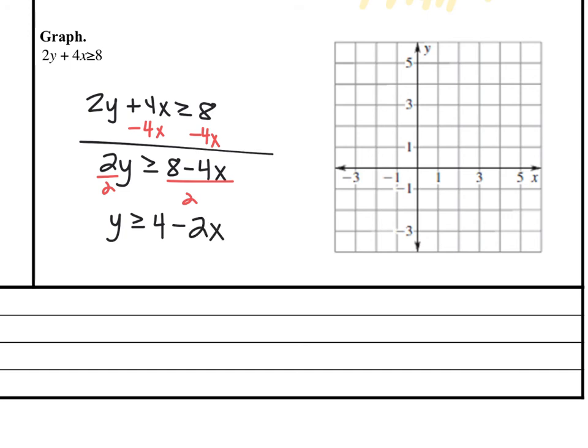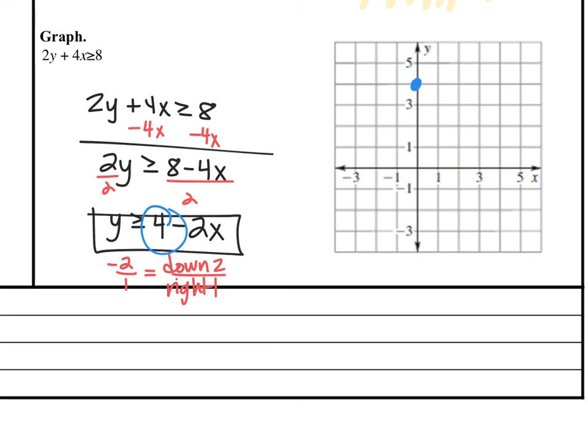So here's my equation. It has a slope of negative 2, which means it's going to be negative 2 over 1. It goes down 2, right 1, and it starts at 4.